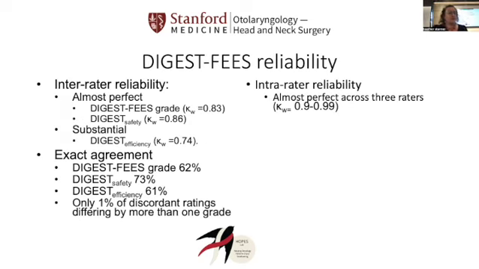And what we found is that we had quite good reliability, both inter and intra-rater reliability. As we expected, the efficiency was slightly lower in terms of reliability, but still these numbers were quite comparable to the reliability findings for DIGEST fluoro. So even though the scale was adapted, even though we're using it with a different tool, we have very similar reliability rates.